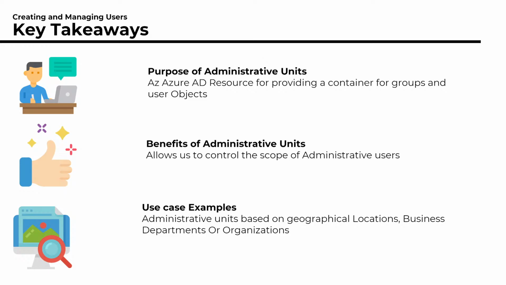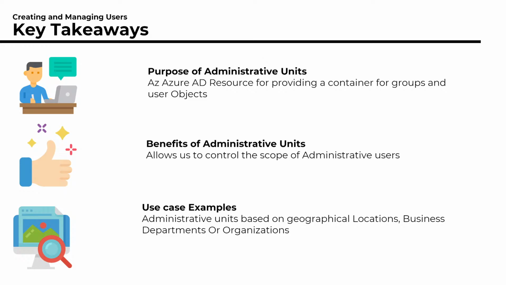Now if we go for the Azure Active Directory service, we can have separate administrative units, one for the Indian location and another for the UK location, where all the users registering from India will be registered onto the Indian administrative unit, whereas the users registering from the UK will be registered for the UK Active Directory service.